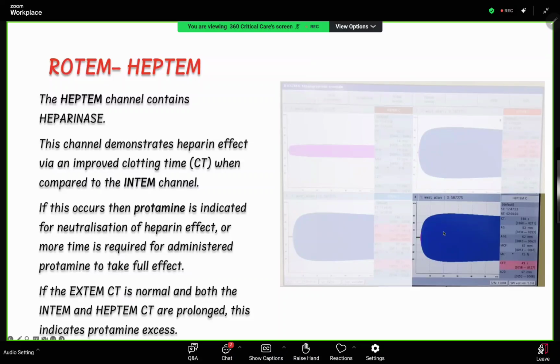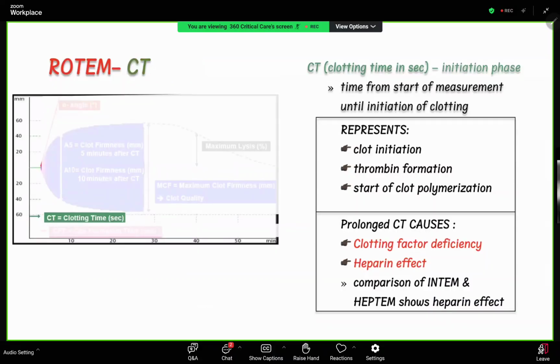If there are other inhibitors present except heparin, the clotting time will be prolonged in all the channels 1, 2 and 3. All the three will be prolonged. But if it is protamine excess, then both INTEM and HEPTEM are prolonged with a normal EXTEM. Okay. Hope that makes sense. We'll go to some examples and that will make it a bit clearer.